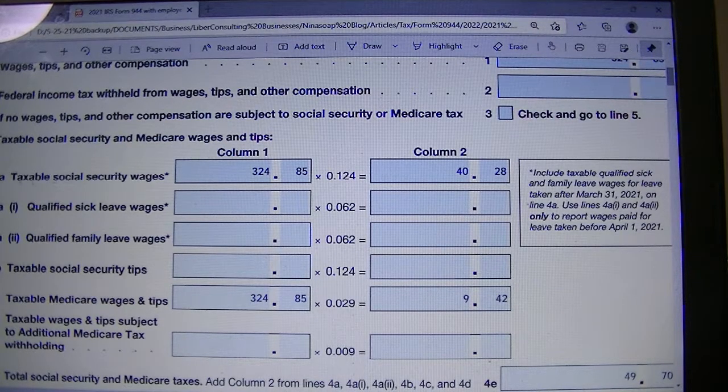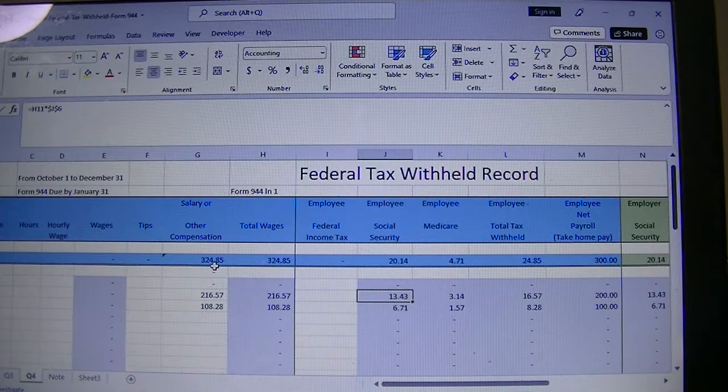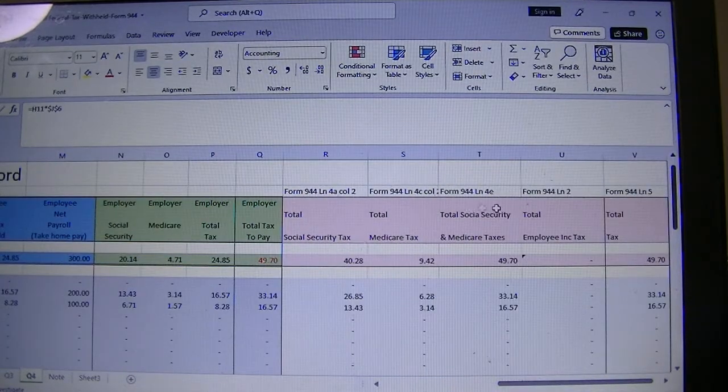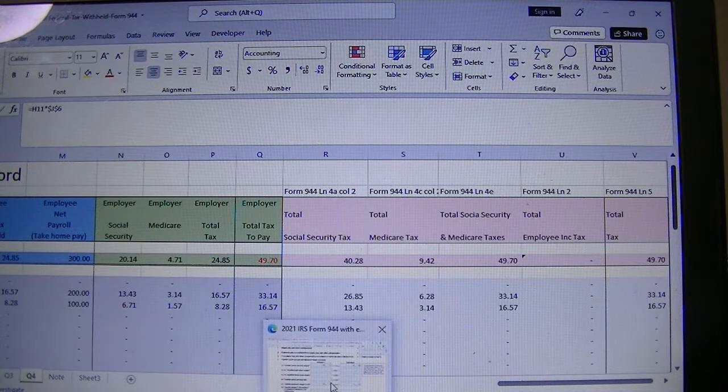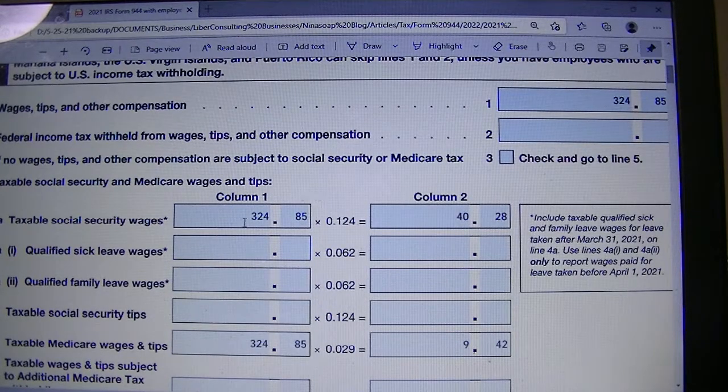For 4a, we have total wages paid, $324.85. I'm just going to move it all the way to the total portion here. The total wages that we have on line 1 is going to be the same for line 4, times 0.124, which is $40.28.